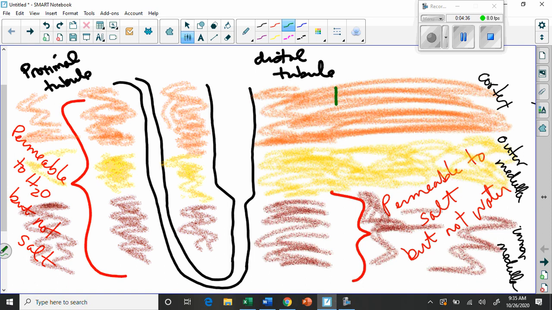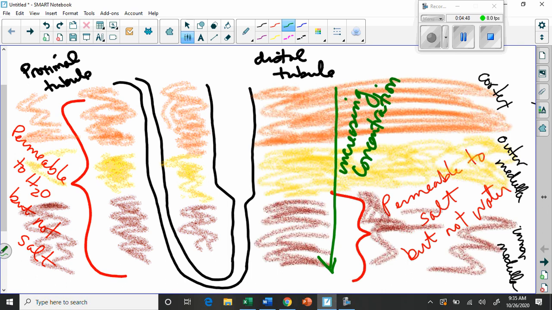So as we go down like this, we have increasing concentration. So what that means is the osmolarity increases as you go down. Osmolarity is sort of a measure of how much water wants to move by osmosis. So the more concentrated something gets, the more water will want to enter into that tissue.